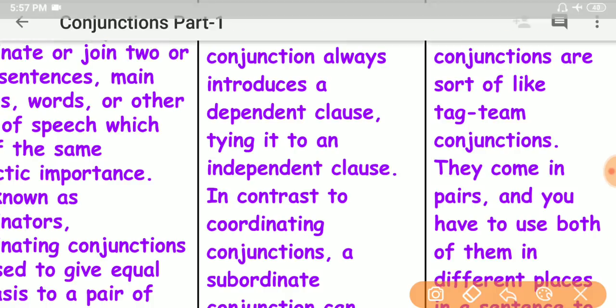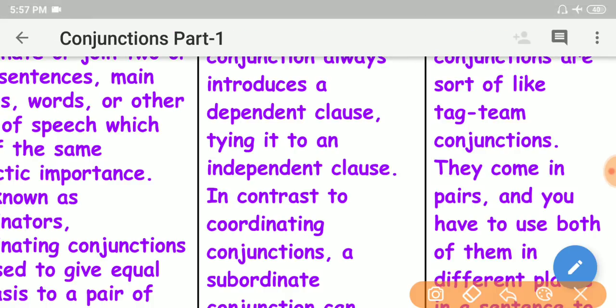A subordinate conjunction always introduces a dependent clause, tying it to an independent clause. The main function of a subordinate conjunction is to introduce a dependent clause.